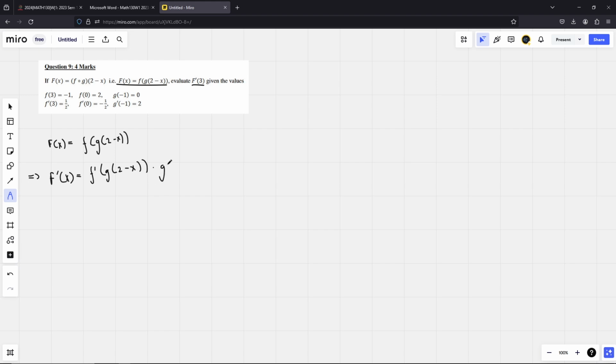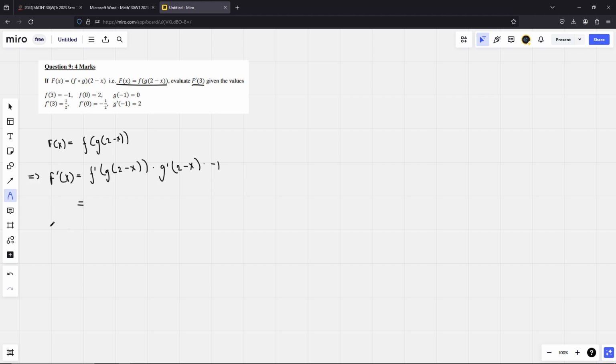So this is going to be f prime of g of 2 minus x, multiplied by g prime of 2 minus x, and this is going to be multiplied by the derivative of inside the bracket, so this is just going to be minus 1. As you can see, I keep taking the derivative of whatever's inside the bracket, which forms like a chain, like a chain letter. So with chain rule, every time we take the derivative of something, we multiply by the derivative of inside the bracket.